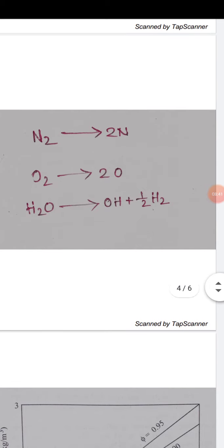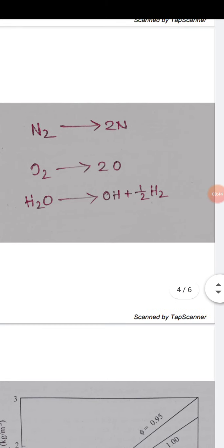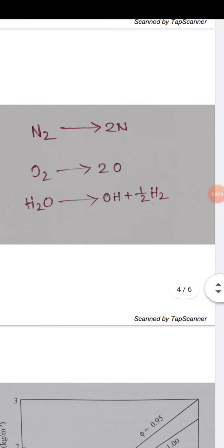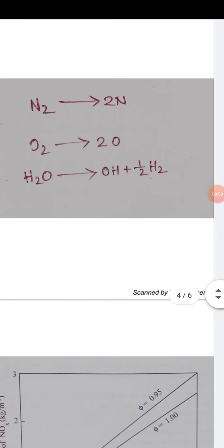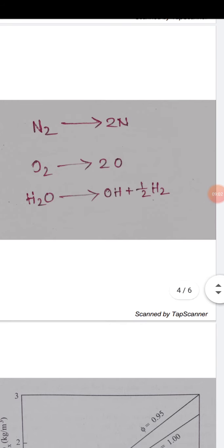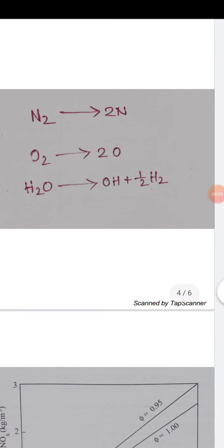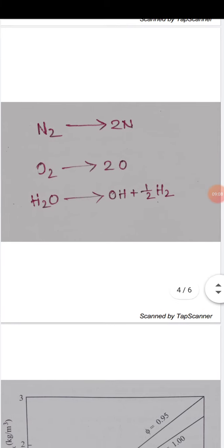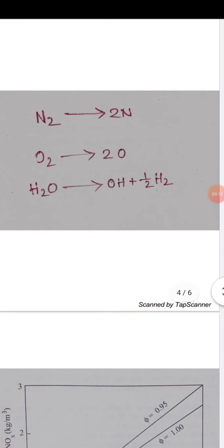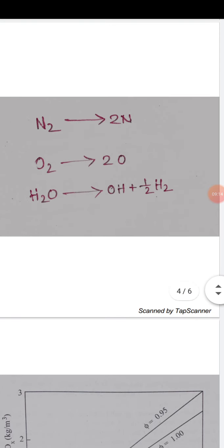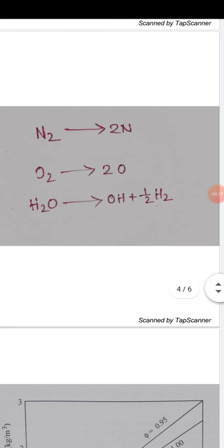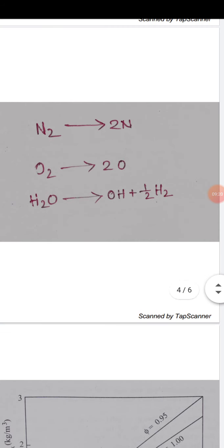Other gases that are stable at low temperature but become reactive and contribute to the formation of NOx at high temperature include oxygen and water vapor. Here you can see that oxygen breaks down into monoatomic oxygen, and water breaks down into hydroxyl and hydrogen.